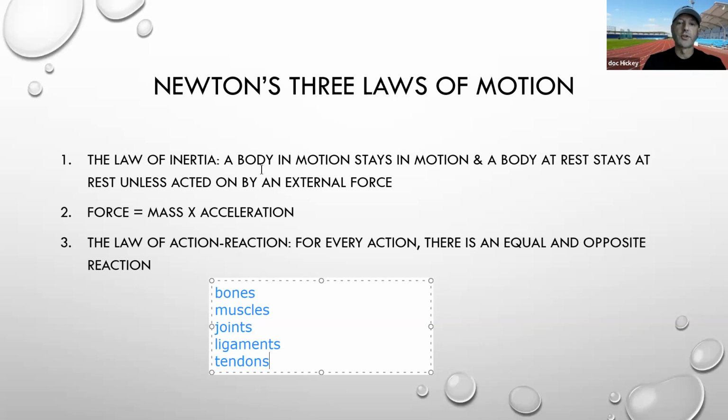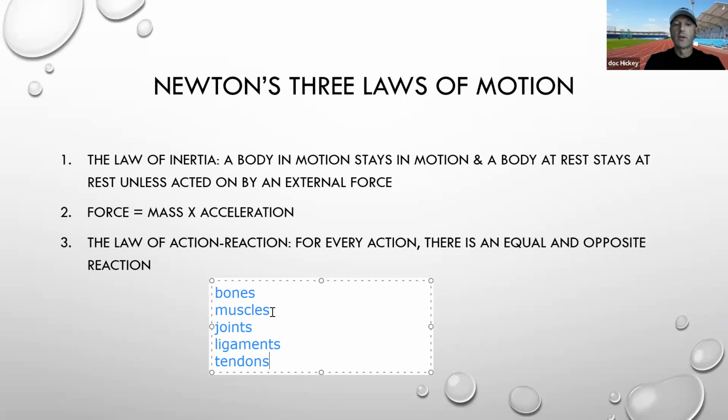So with our law of inertia, a body in motion stays in motion, a body at rest stays at rest, unless acted on by an external force. When we look at this lever system of the body and we think about the body in an anatomical position, the body will stay in that anatomical position, which is at rest, unless it's acted on by an external force.